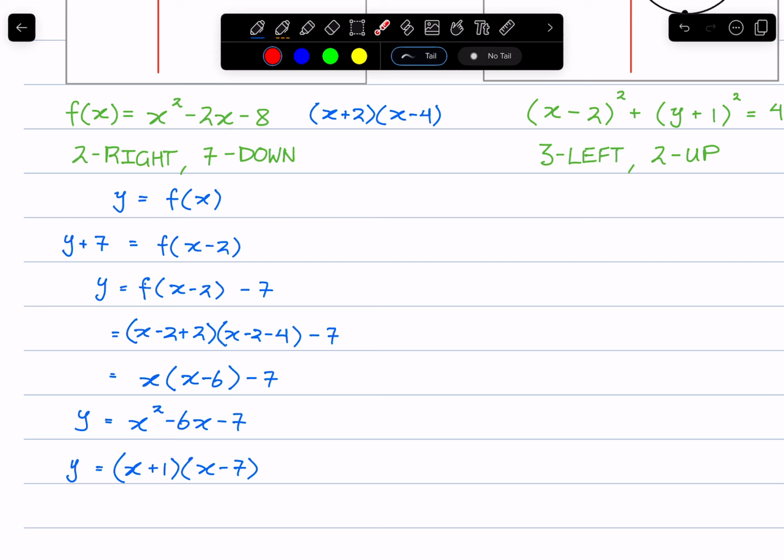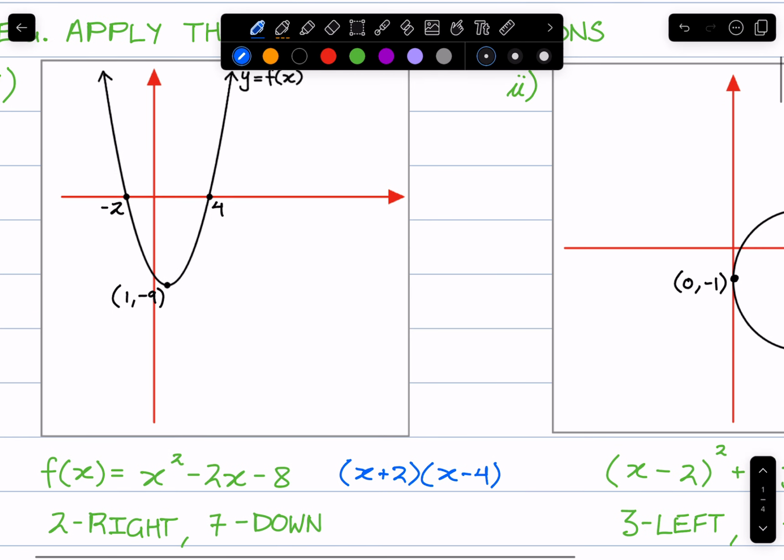Now let's actually graph what this would look like. Simply looking at it, these two points tell us that the roots are -1 and +7. So -1 and +7 are the new roots.